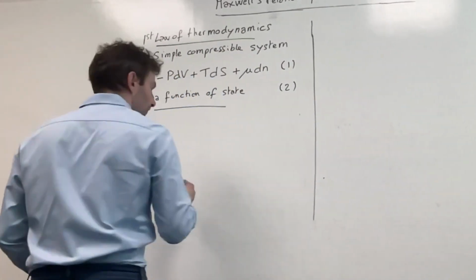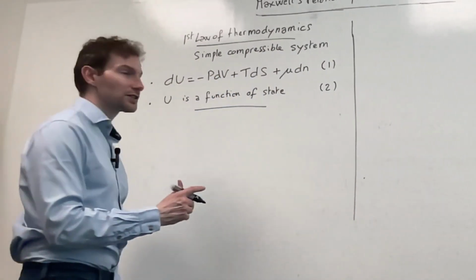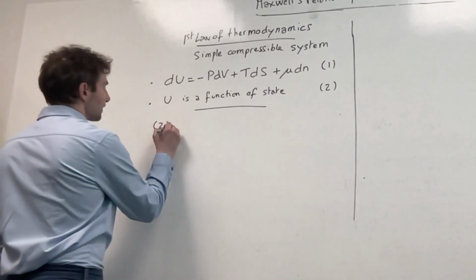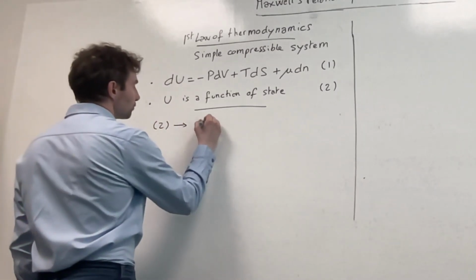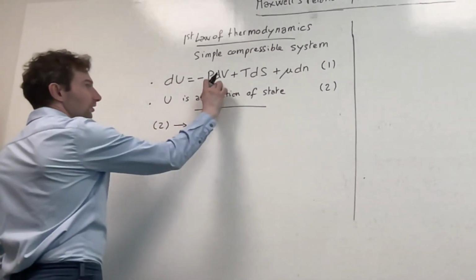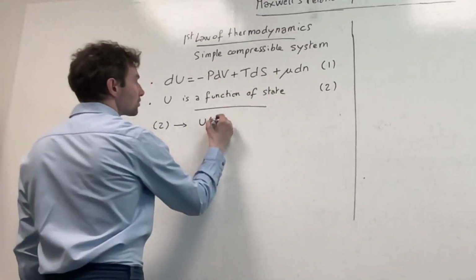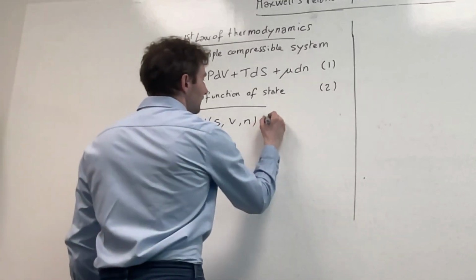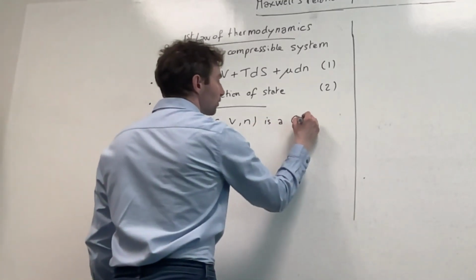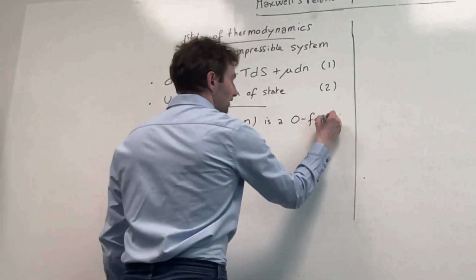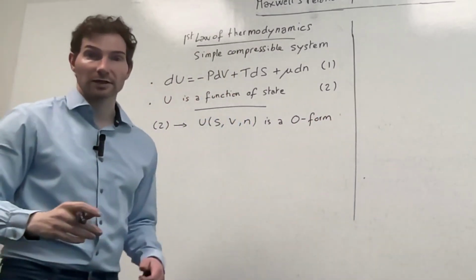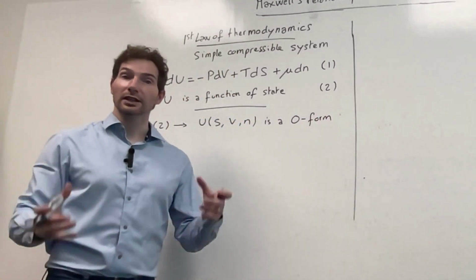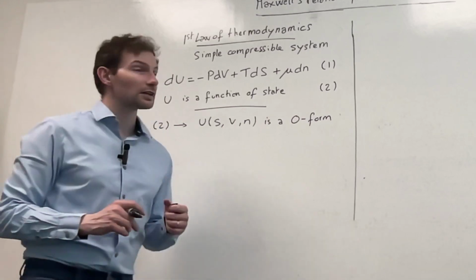So what in substance equation 2 is saying is that I can view U, and I'm going here to write the variables of interest, S, V, and N, as a zero form. Okay, so that's what it means to be a function: you are a zero form in the context of exterior calculus.